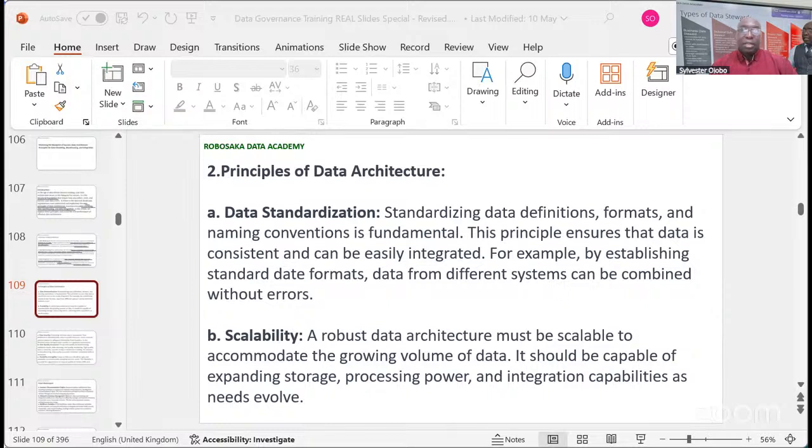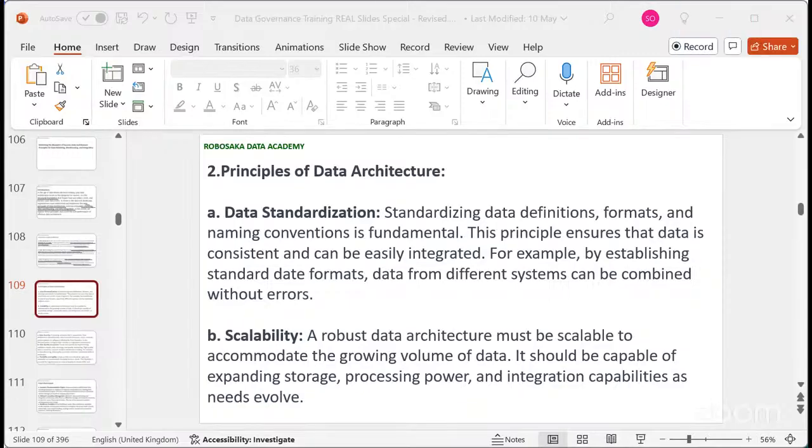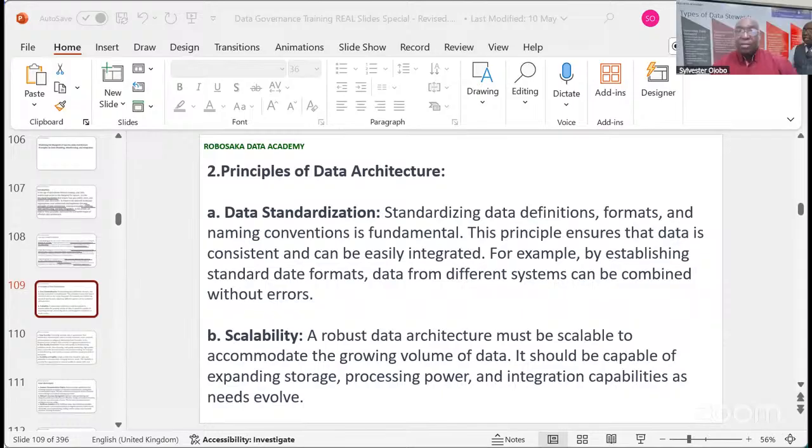Is it all in one place or what? If it's not in one place, how can we do that? So I want you to understand that standardization of data is fundamental for preparing data for further processing and analysis, including harmonization of data and the normalization effort that you need to carry out.